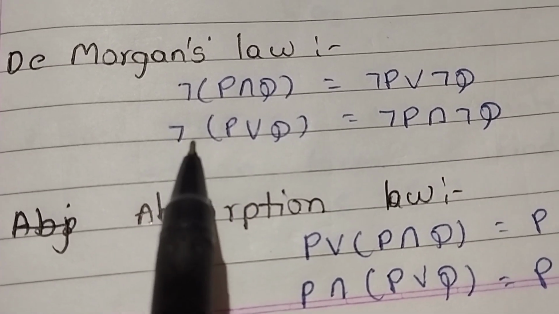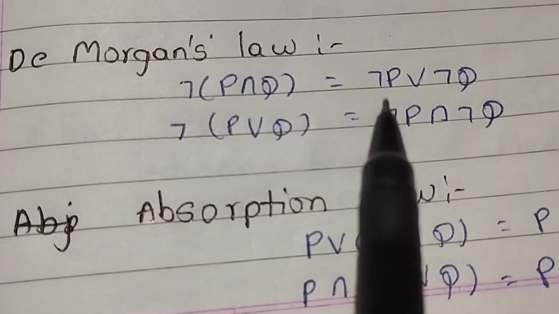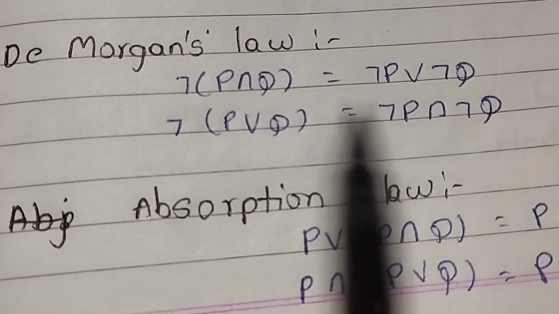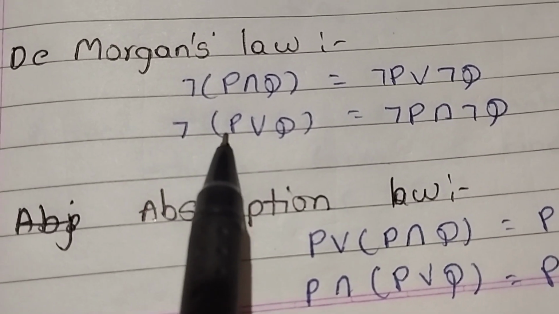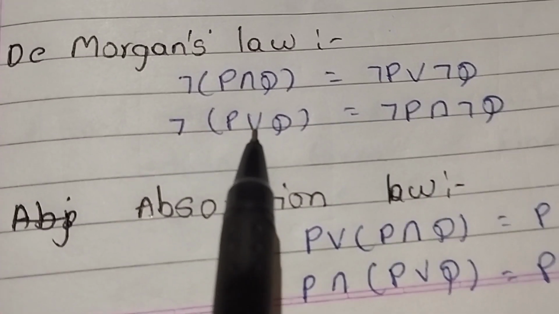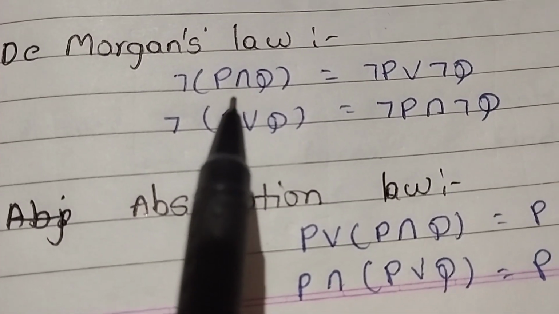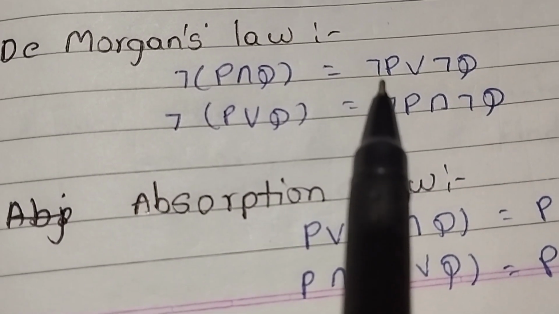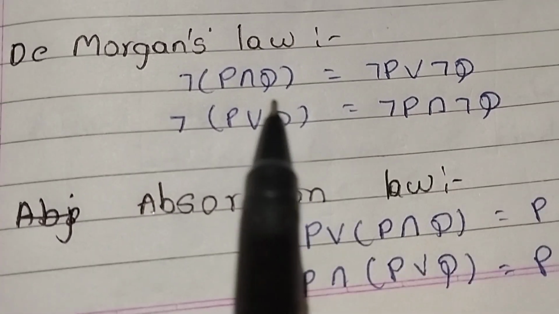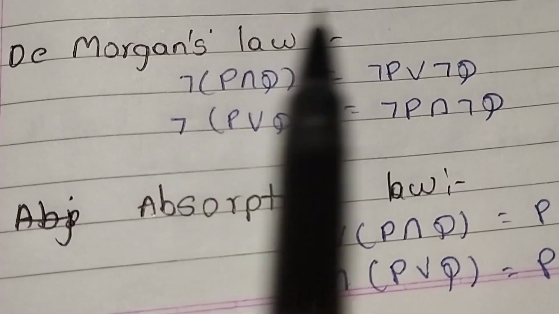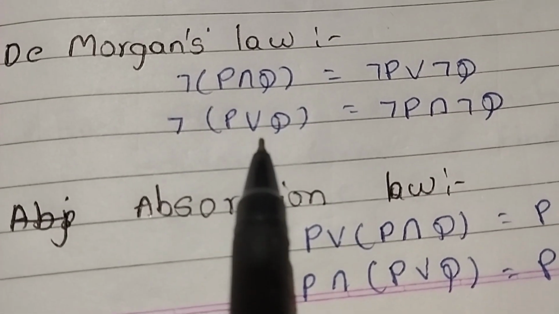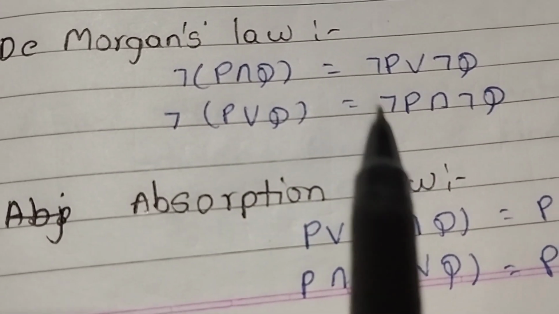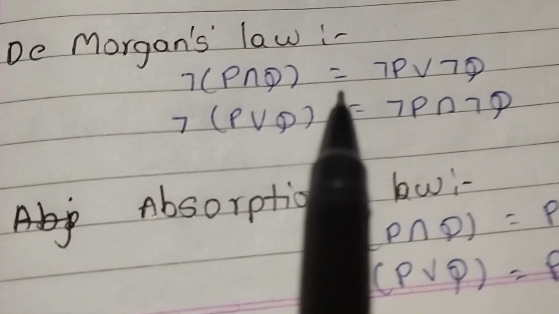Similarly, negation of in bracket P or Q is negation P and negation Q. We multiply the negation into the bracket and change the connectives. If and is present, change it into or. If or is present, change it into and. This is De Morgan's law.